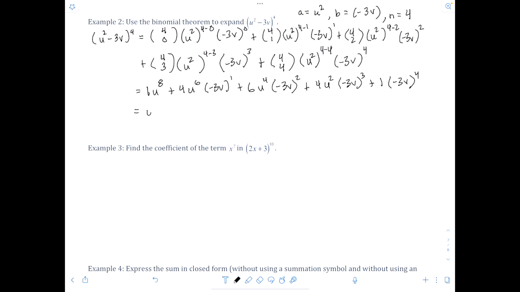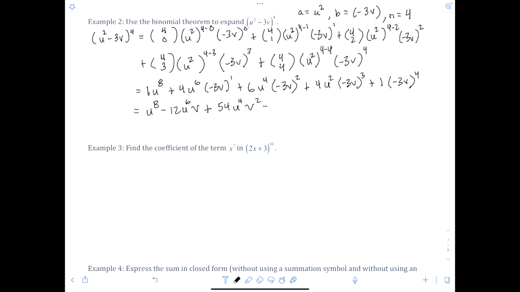So simplifying, we'll have u to the 8th minus 12 u to the 6th times v plus, so negative 3v squared is positive 9v squared. 9 times 6 is 54. U to the 4th v squared. And then the next one will be a minus because we'll have a cube on that 3.